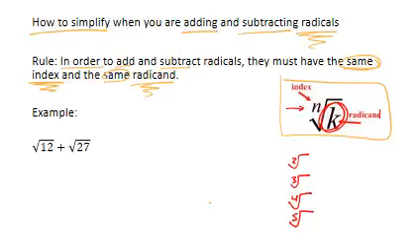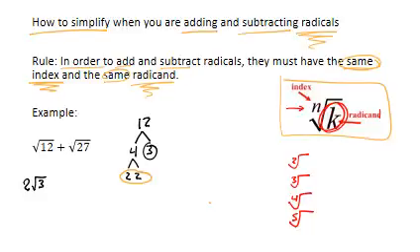So how do I do that? Let me take a look at my 12 and see how I can split it up. 12 could split up into 4 times 3. The 4 could split up into 2 times 2. Since I have a pairing of 2's under the radical, a 2 can come out. So I end up with 2 times the square root of, and I've got this 3 left under there still.